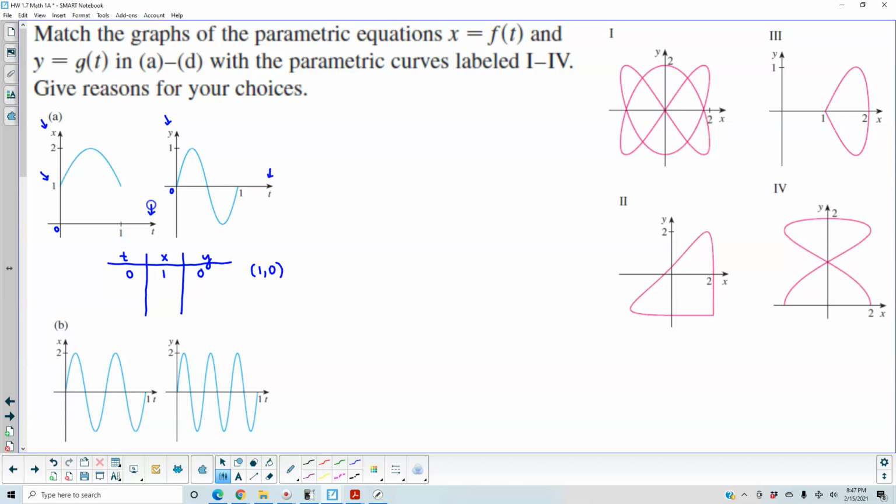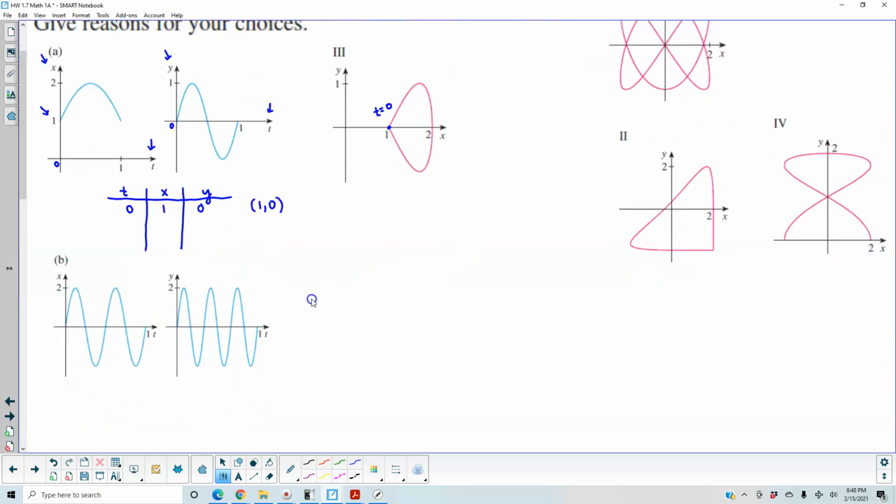So that means that in these graphs, 1, 2, 3, or 4, it has to pass through the point 1, 0. The only one that passes through 1, 0 is number 3, because we can see here that this is the point 1, 0, and this is when it starts. So therefore, we can say that it is number 3.